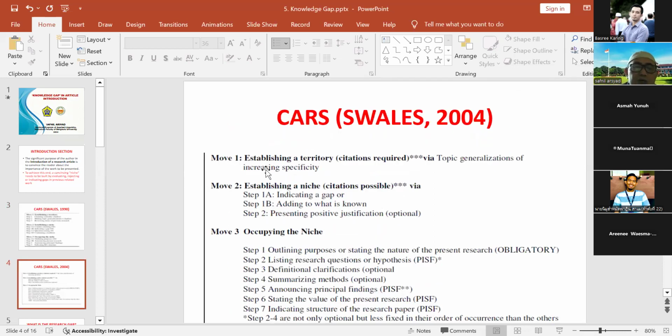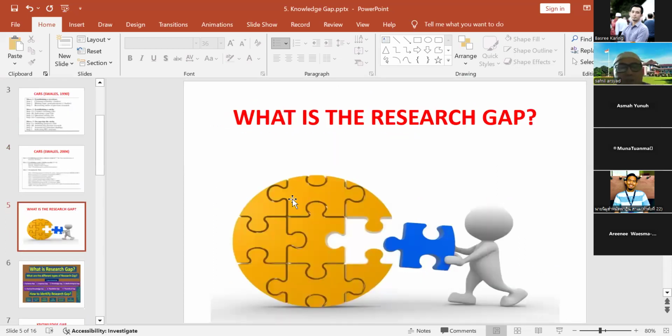This is the new model of CARS, also from Swales in 2004. There is still a move here, establishing a niche, or a research gap, based on the literature review. So this is an example or model of research gap. The yellow ones are studies already conducted by other people, and then we find the gaps, and then our study, our findings, the blue one, will fill in the gaps.